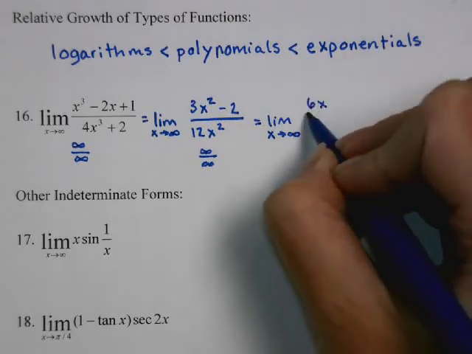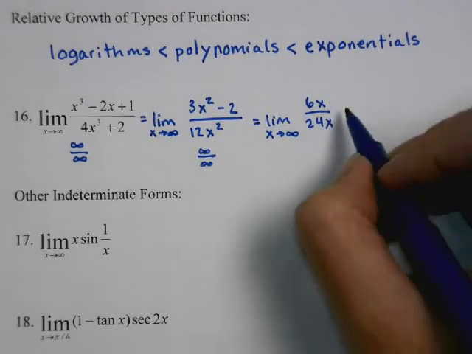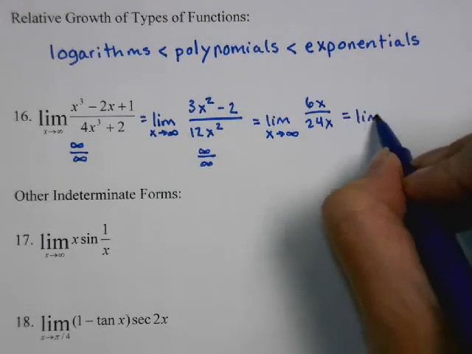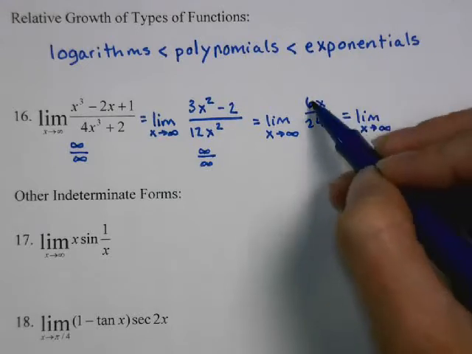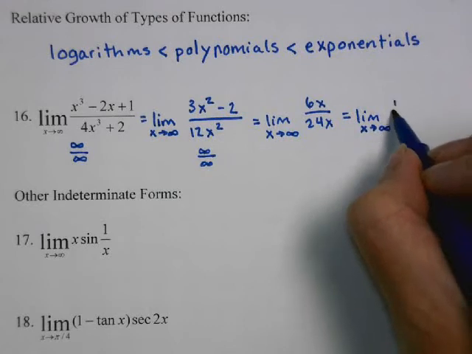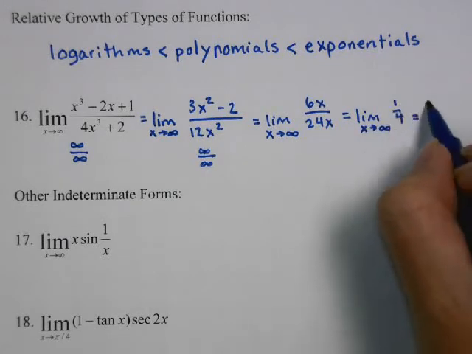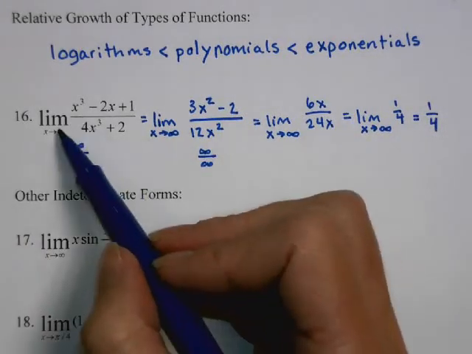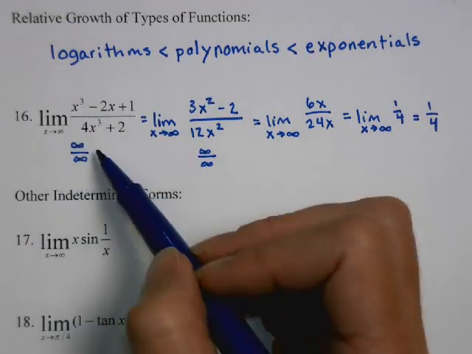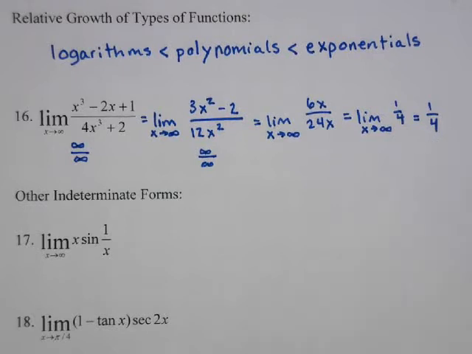So we'll have 6x over 24x, which is going to reduce. So the x's will reduce, and then 6 over 24 reduces to 1/4. So the limit as x goes to infinity of 1/4 is 1/4. And I said in the beginning, you should already know this limit because we're going to infinity. The degree is the same, so it's the ratio of the leading coefficients. But we arrived at that same conclusion using L'Hopital's rule.